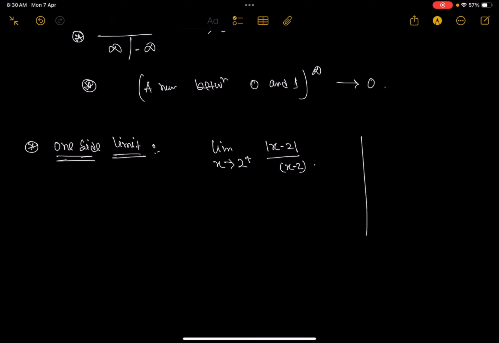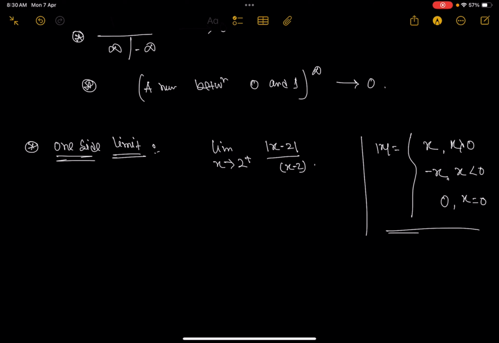What is the definition of mod x? Mod x is x when x is greater than 0, minus x when x is less than 0, and 0 when x takes the value 0. This is the definition of mod x.